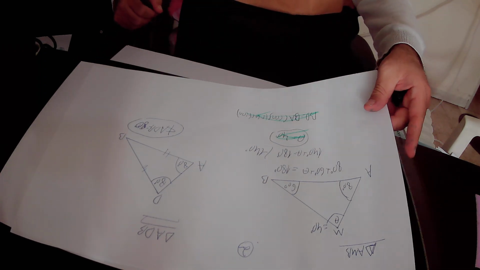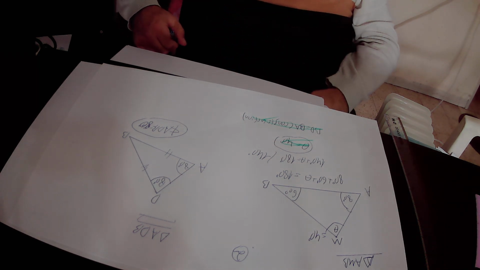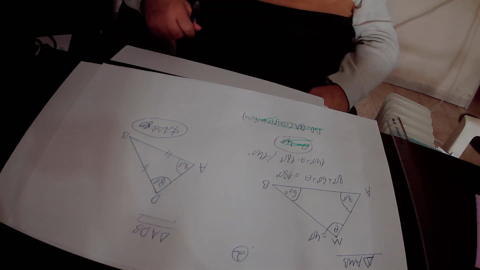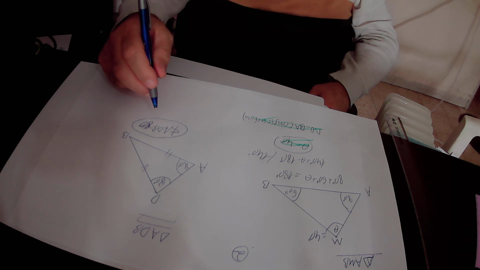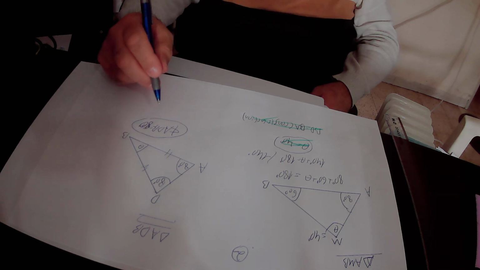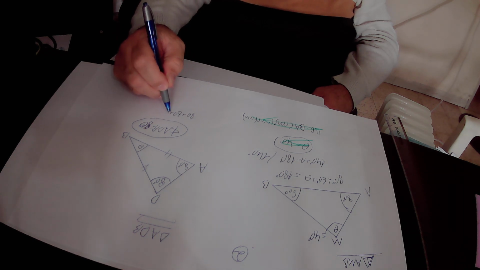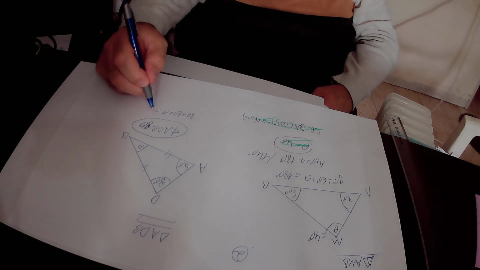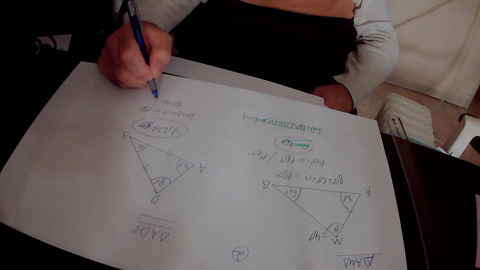We continue to focus on triangle ADB. The sum of the angles in any triangle is 180 degrees, therefore the sum of the angles in triangle ADB is also 180 degrees. We define the missing angle as theta. So in this triangle, 80 degrees plus 80 degrees plus theta, in total the sum of those three angles must be equal to 180 degrees. 80 plus 80 is 160, so 160 plus theta must be equal to 180.